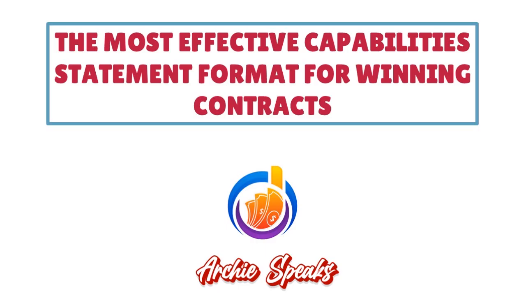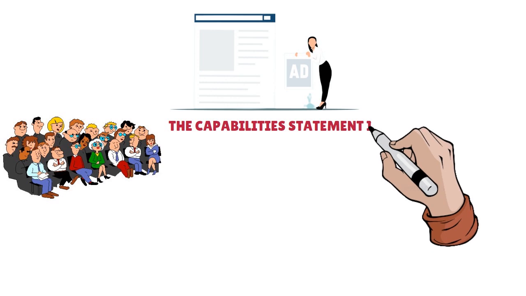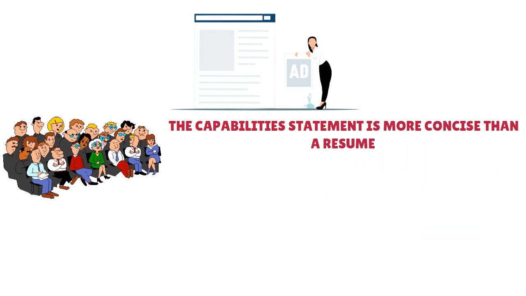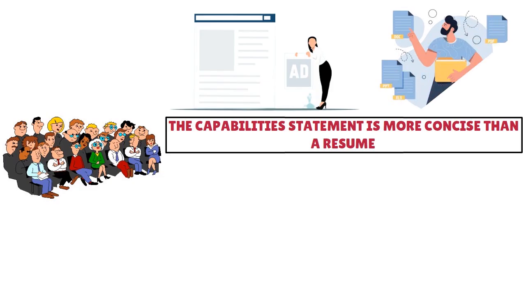So if you want to win government contracts with your capability statement, you need to understand that the formatting is really important. Remember, I told you that you need to fit everything into one page. The way I look at it, a capability statement is even more concise than a resume, because a resume can be 2 pages, 3 pages, but a capability statement, to be effective, has to be on one page.